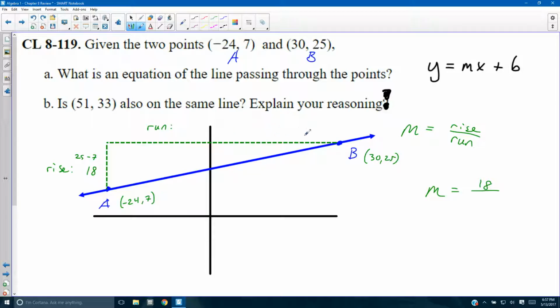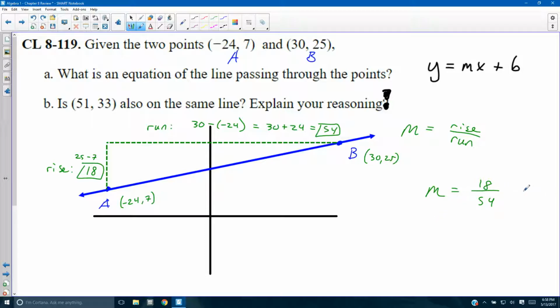Then we go an extra 30. What's 24 plus 30? Or better yet, the actual way of doing this is 30 minus negative 24. Well, that's 30 plus 24, like I said, which is 54. So we run 54 and we rise 18.